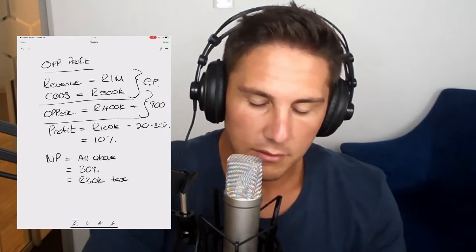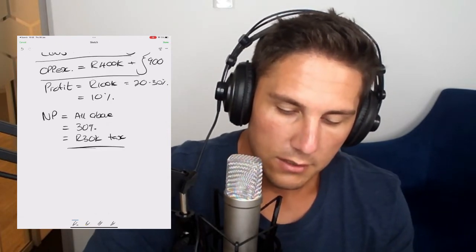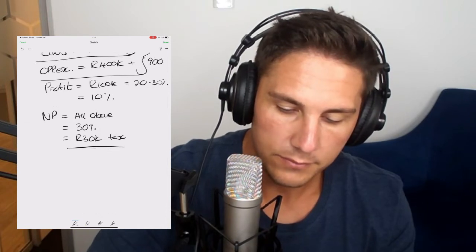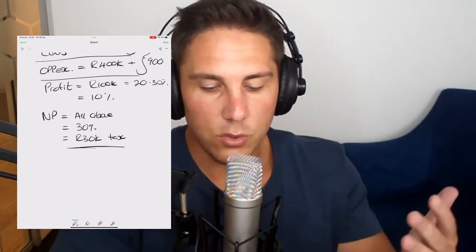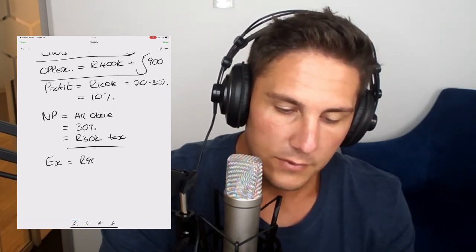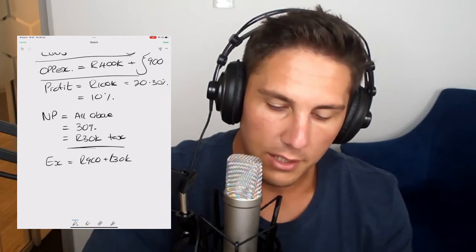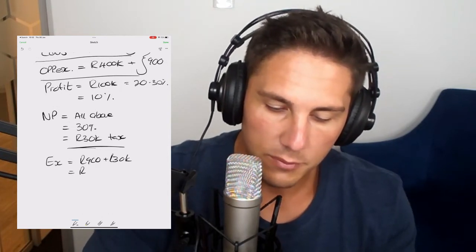That means that 30% of 100k is 30k tax. So that is 30k equals tax. So technically your expenses are then this 900k. So it's the 500 there and the 400 in OPEX plus the 30k in tax. That is all your expenses.